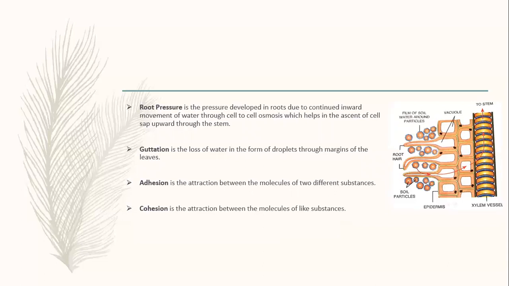Look at the diagram here. The root hairs absorb water from the surrounding soil and it reaches the epidermal cells, and from there it reaches the xylem tissues, and the xylem tissues conduct that water towards the stem.